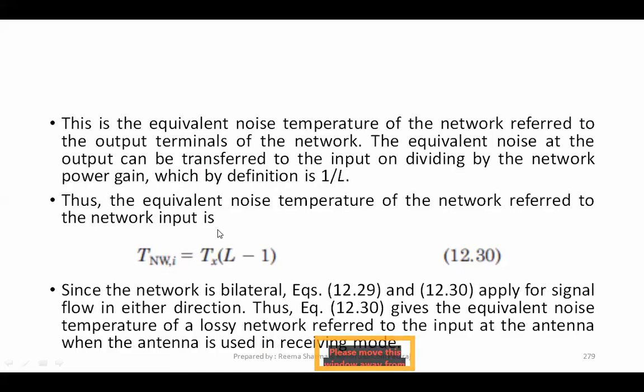Which means we'll be having the noise temperature as shown in 12.30. Based on your equations and the values given in the problem, we can use these formulas, substitute, and calculate.